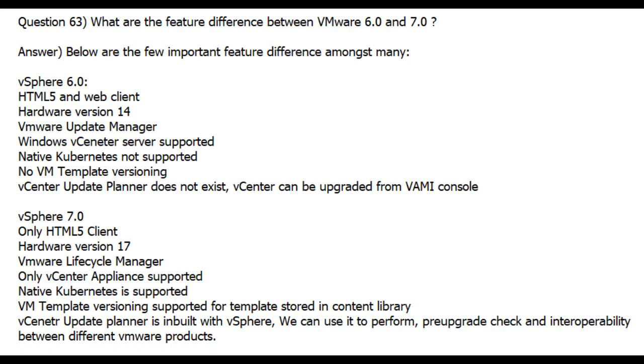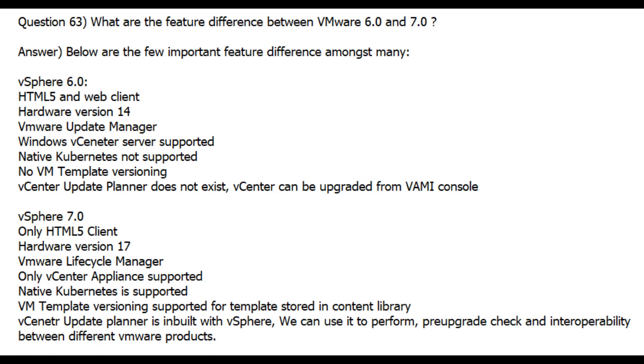HTML5 and web client both supported. Hardware version 14. VMware Update Manager. Windows vCenter Server supported. Native Kubernetes not supported. No VM template versioning. vCenter Update Planner does not exist. vCenter can be upgraded from the VAMI console.